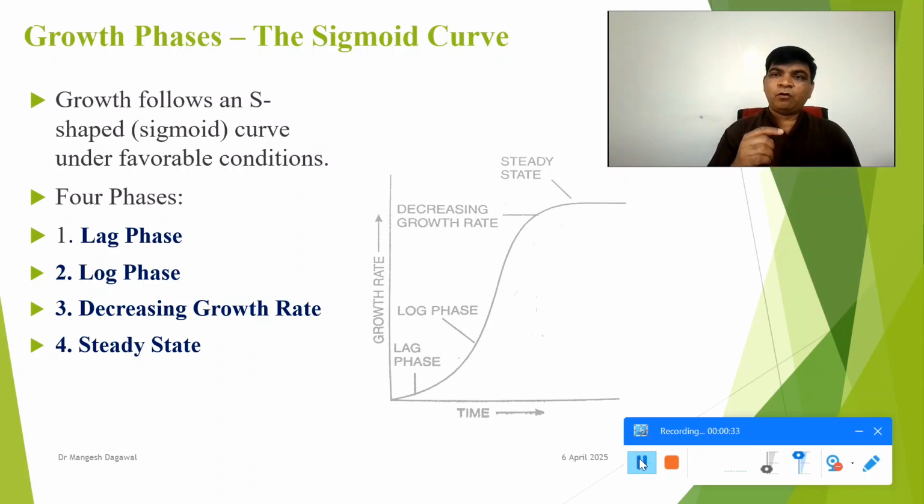These are the four phases of the growth curve: lag phase, log phase, decreasing growth rate, and steady state.